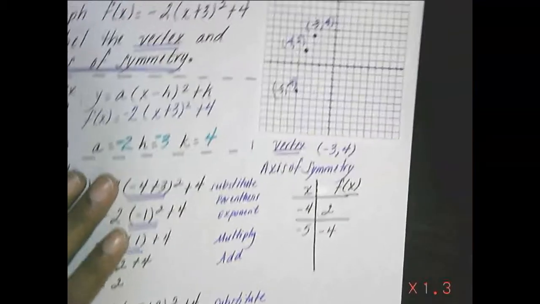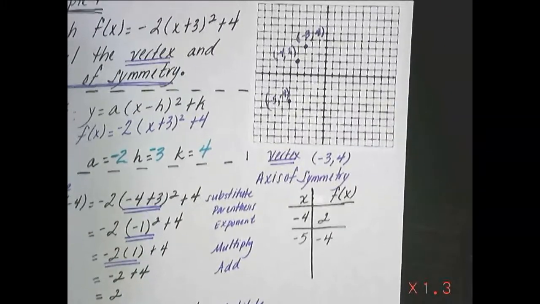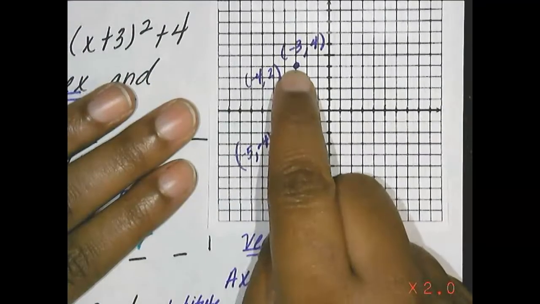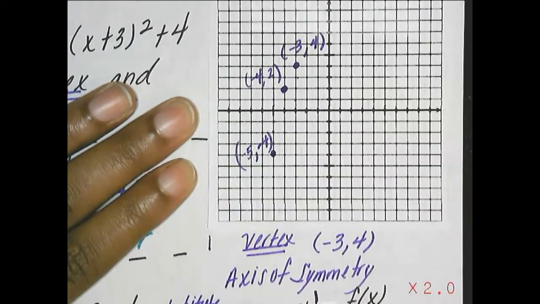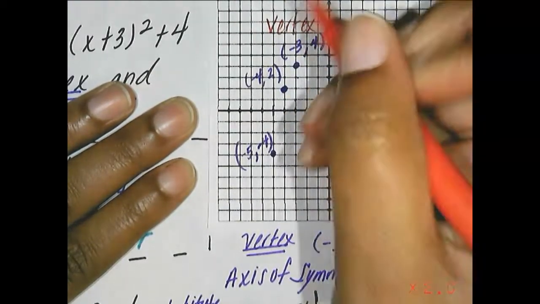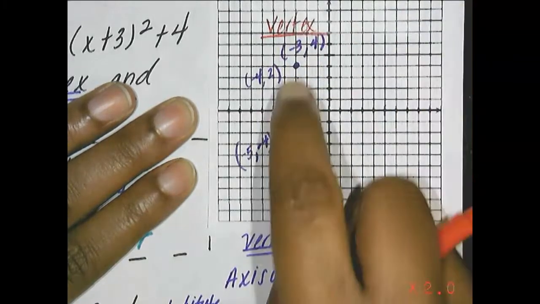Now, some things I just need to focus on, because I need you to see something. This is the vertex. I'm going to put vertex in red. That's the vertex of my graph.